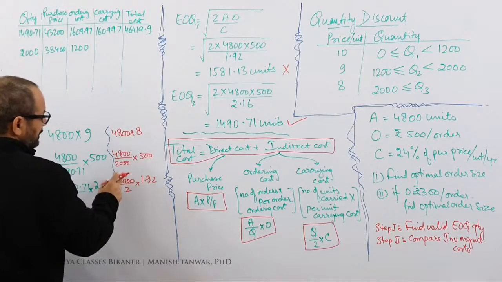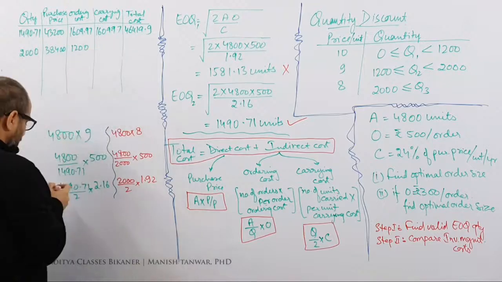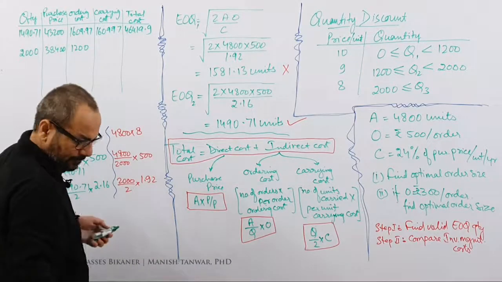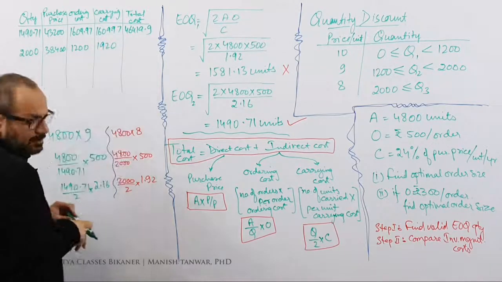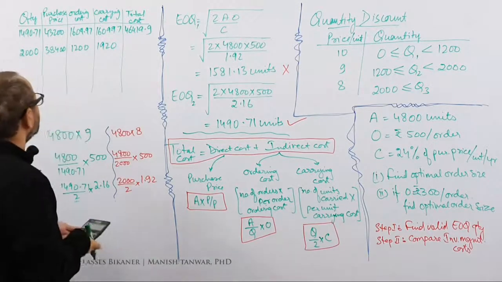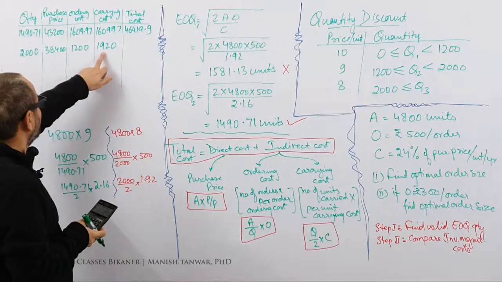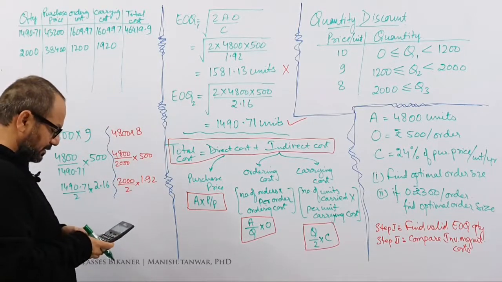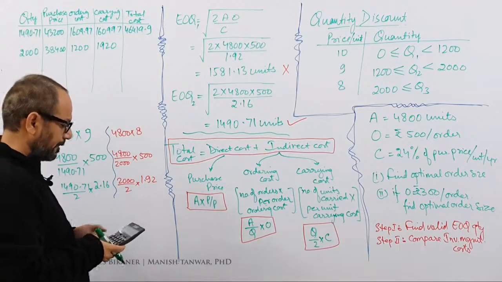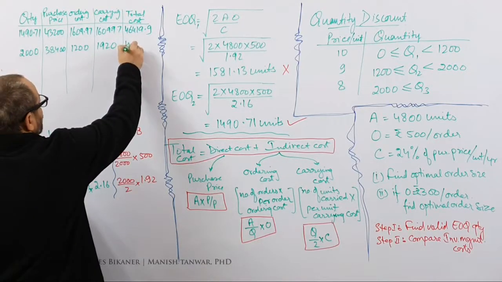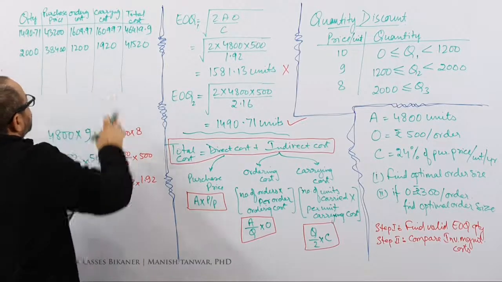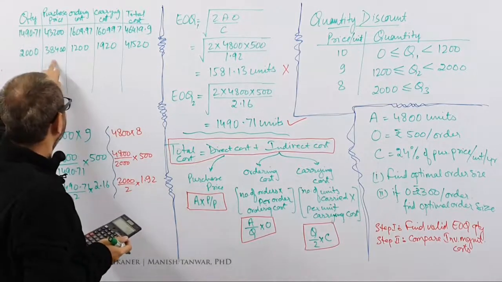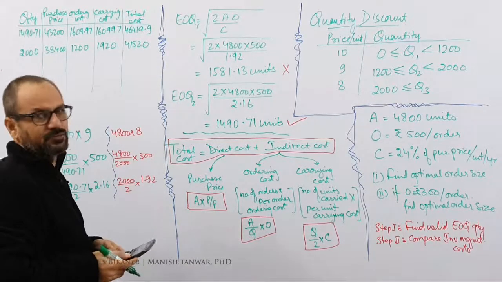So this becomes 1000, this becomes 1920. So what do we get? 1920 and 1200 would be 3120, plus 38400. It is 41520. Yes, it is 41520.